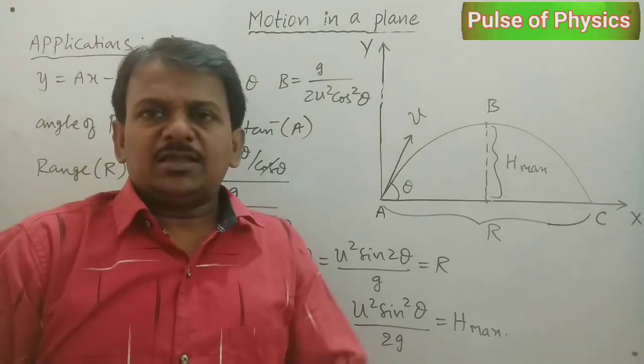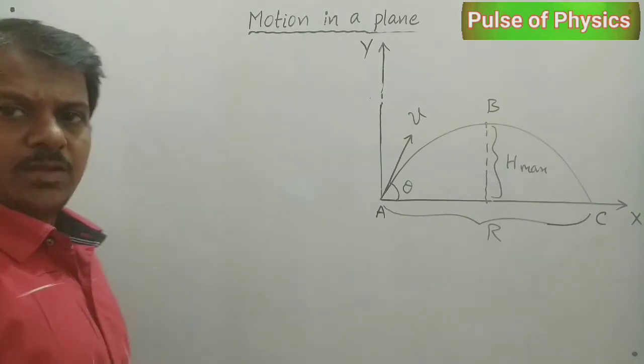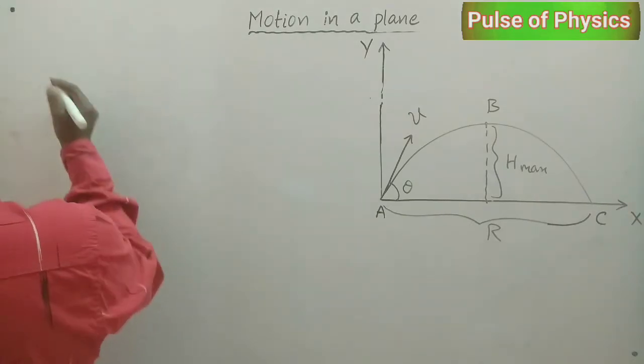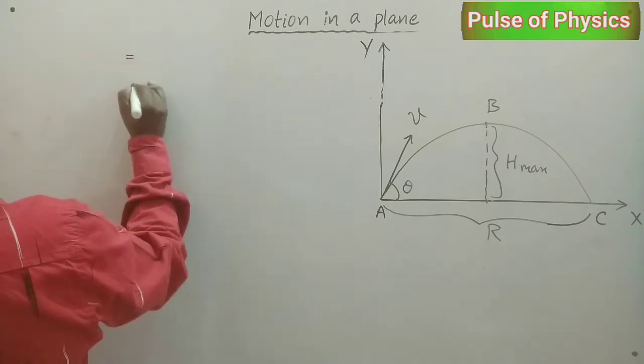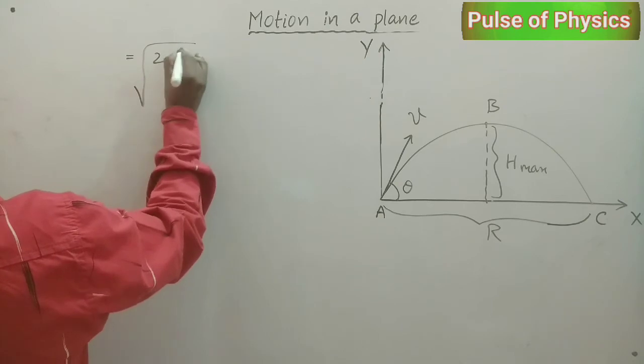Let us see in the next board. See root 2A square by BG. What it gives?